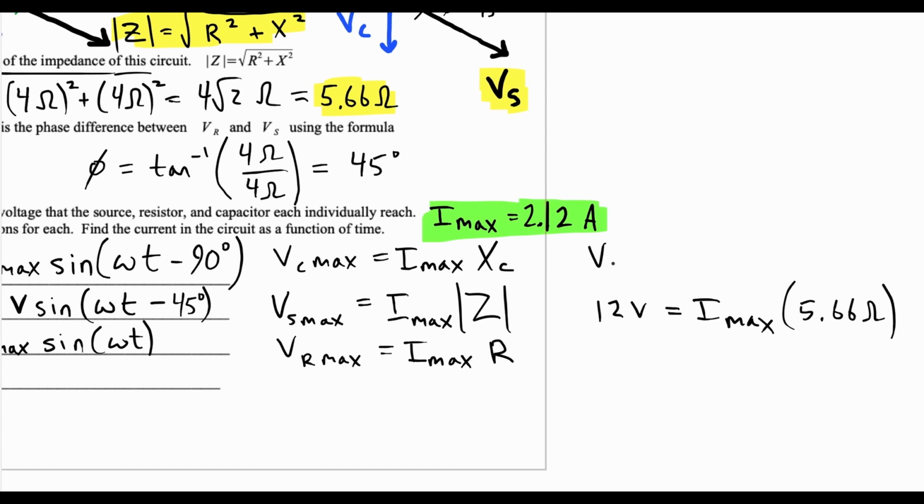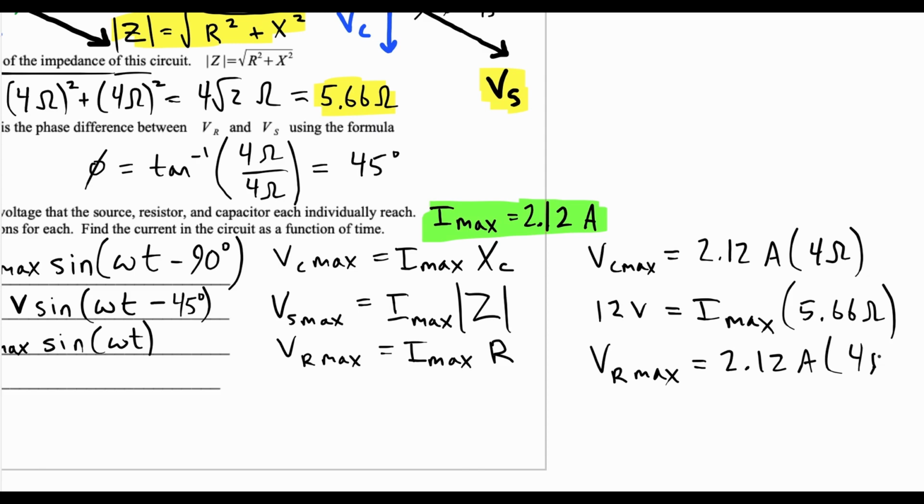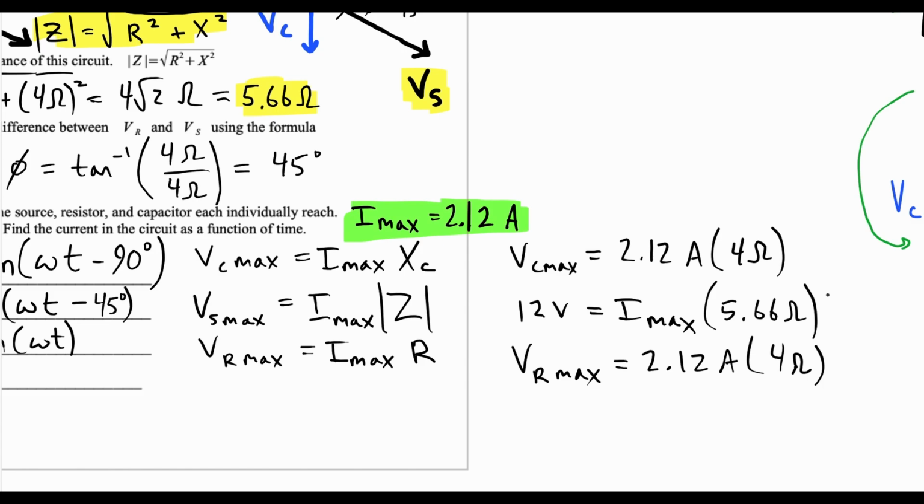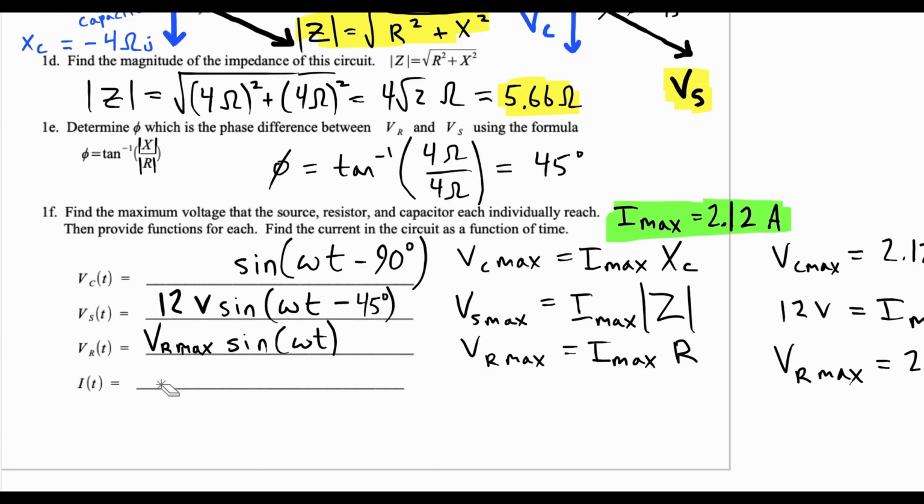Vc max equals 2.12 amps times 4 ohms. Vr max equals 2.12 amps times 4 ohms. I get 8.48 volts. So, alright, let's put in our values that we found: 8.48 volts and 8.48 volts.